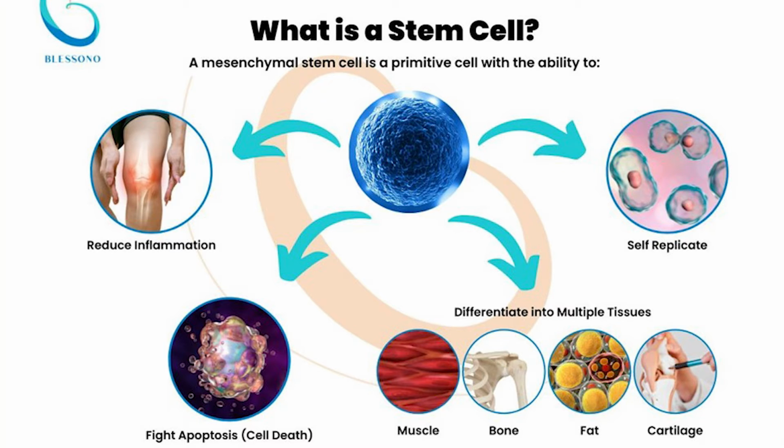But you can see that these cells can go to different areas and target different problems in the body, going to muscle, bone, fat, and cartilage, decreasing inflammation, fighting cell death, which also can stimulate autoimmune disease. So there's a very good reason to look at stem cell therapy as part of treatment for autoimmune diseases.